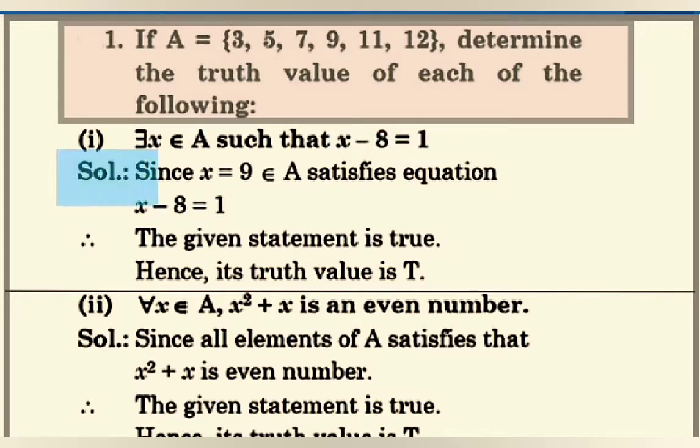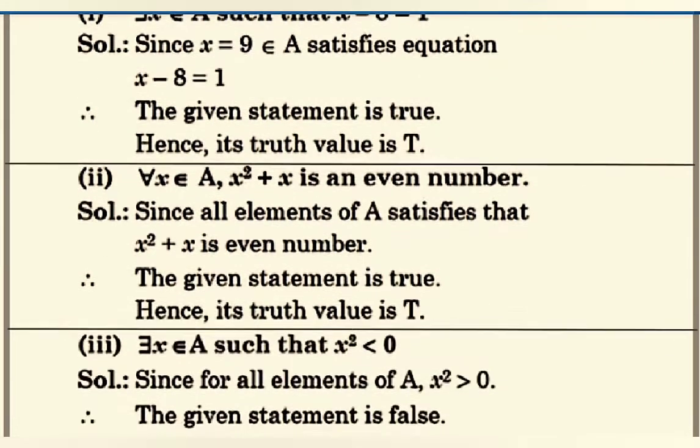Let's see the solution. x equal to 9 belongs to A, satisfies the equation. If we put x equal to 9, then 9 minus 8 is equal to 1. That means the given statement is true, and hence its truth value is T.